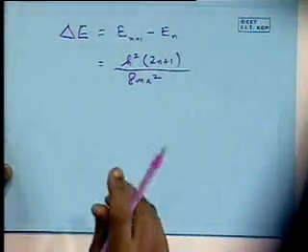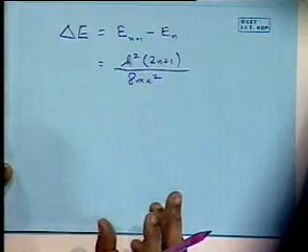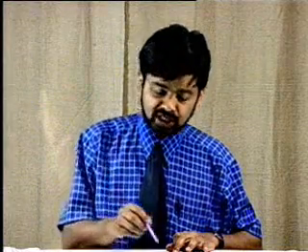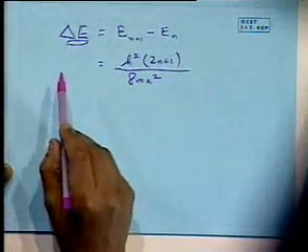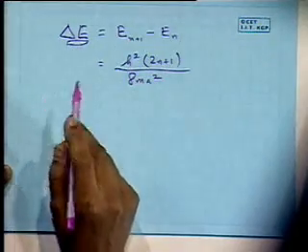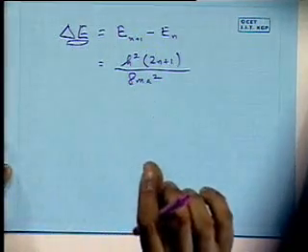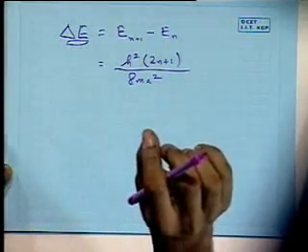Now for very large objects, when we calculate the energy level separation, we'll find that it is a very, very small number. So in those cases, the electron could have practically a continuum.